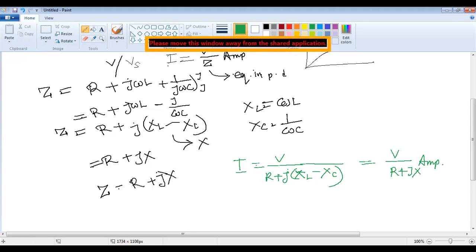So now we can see the voltage vector diagram.